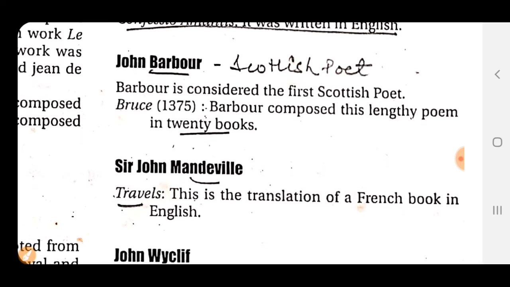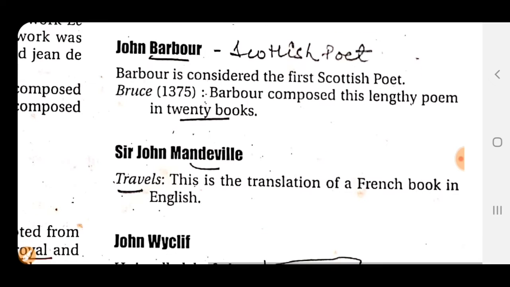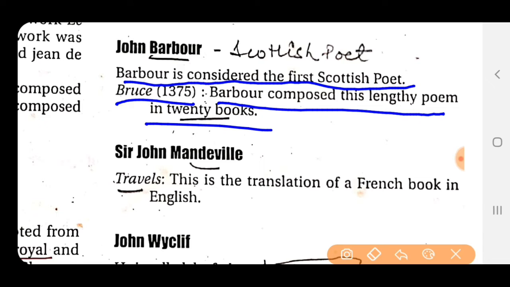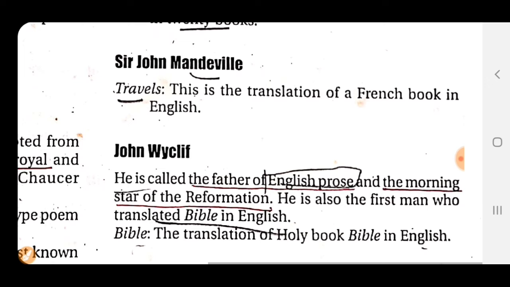Next is John Barbour. John Barbour was basically a Scottish poet. Barbour is considered the first Scottish poet. He composed the lengthy poem The Bruce in 20 books. Next is Sir John Mandeville. ट्रैवल्स इनकी पुस्तक है.